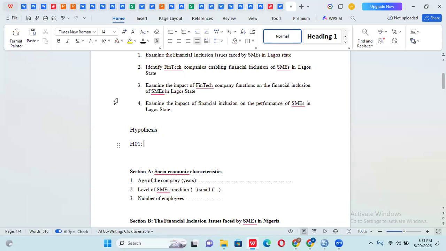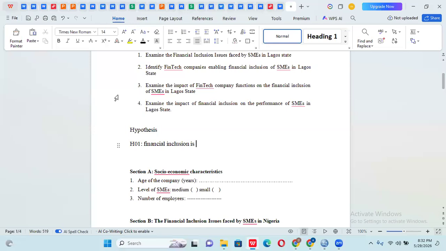H1, that is the null hypothesis: financial inclusion is not significantly correlated.